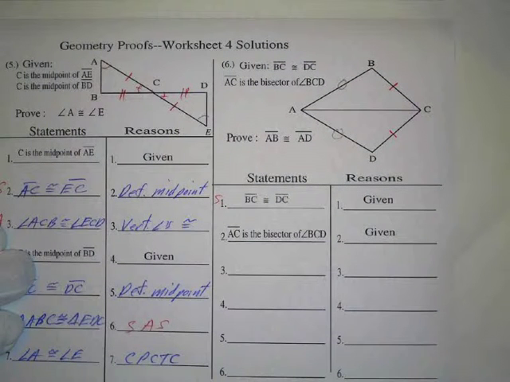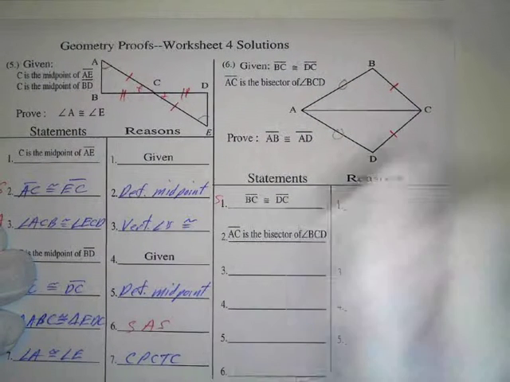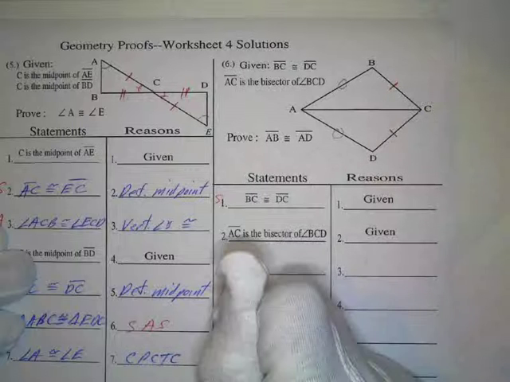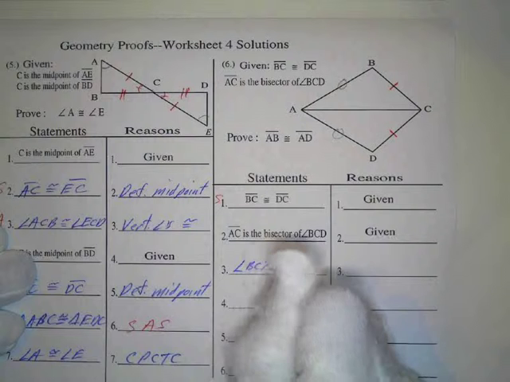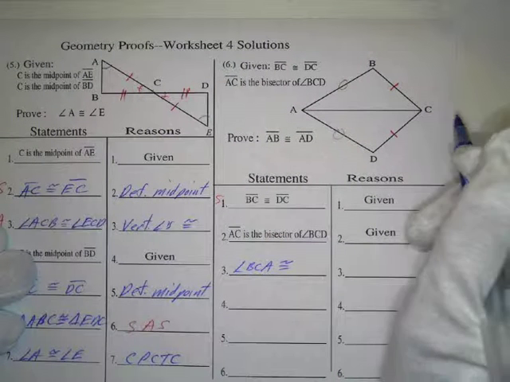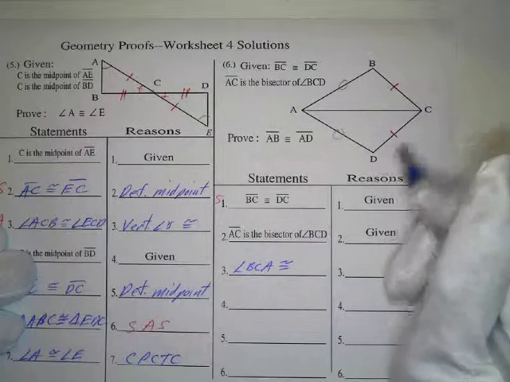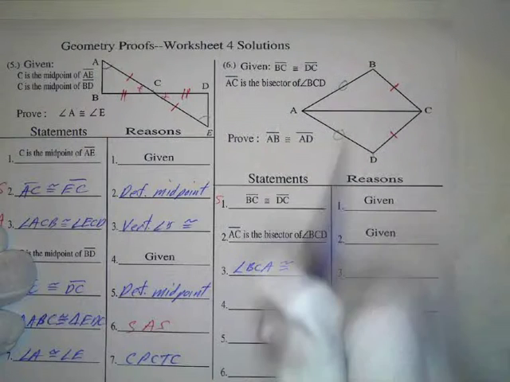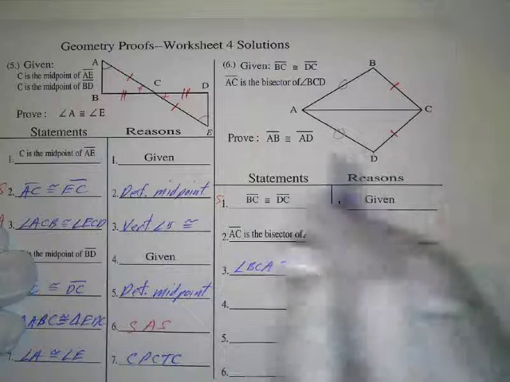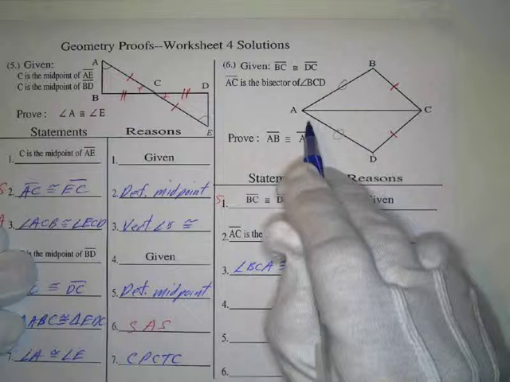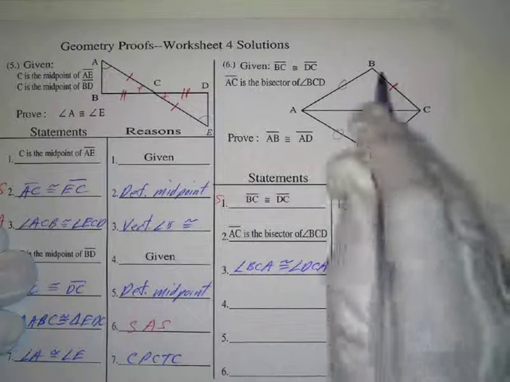So I can say, therefore, angle BCA is congruent to angle DCA, because AC is the bisector of angle BCD.